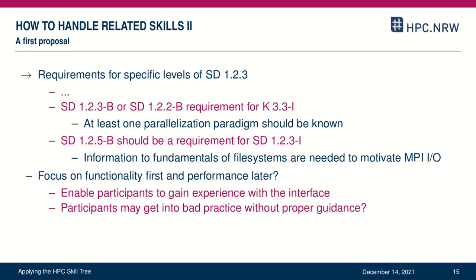So then the question is, is my assessment correct that a good approach is to focus on functionality first, understand what's available, and then focus on performance later? Or should we directly focus on specific, let's say, behavioral aspects of certain routines available in message passing?